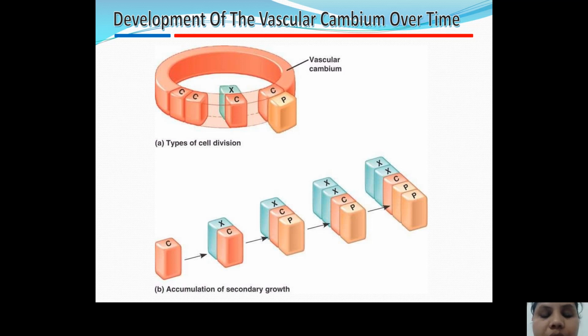The cells which are given out to the outer side are the cells of secondary phloem, and the cells which are given out to the inner side are the cells of the secondary xylem. Now, if we see here, the amount of secondary xylem is produced in large quantity compared to the secondary phloem.